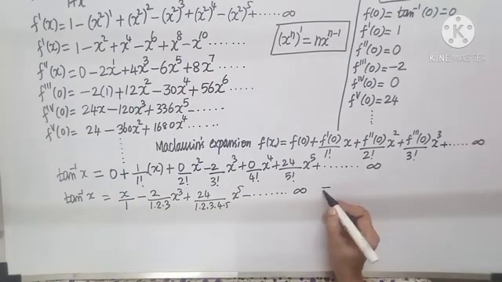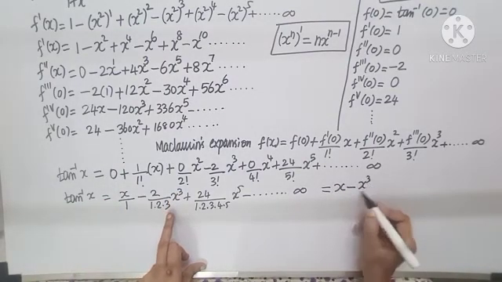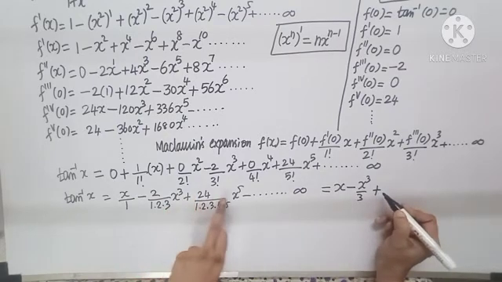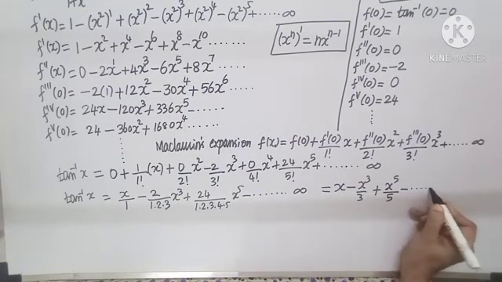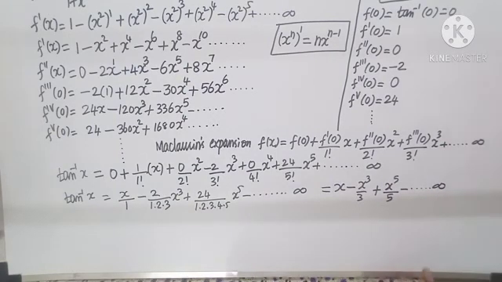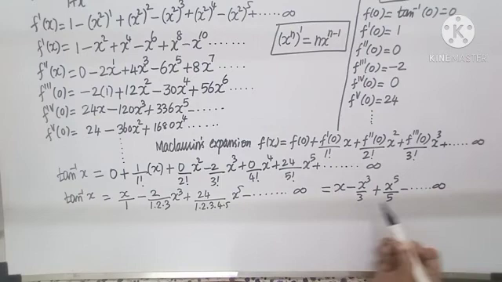We can rewrite the answer as x minus x cube by 3 plus, 24, 1, 2, 3, 4 will get cancelled, x power 5 by 5, and so on up to infinity, and you can guess the next terms. Power 3, denominator 3. Power 5, denominator 5.